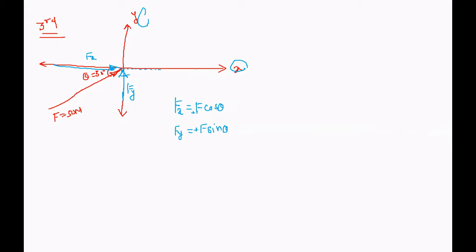Okay. The same figure we can also represent like this. Initially the force is given here in the third quadrant, but it is directed towards the origin. As you know, we can extend the force along the line of action.